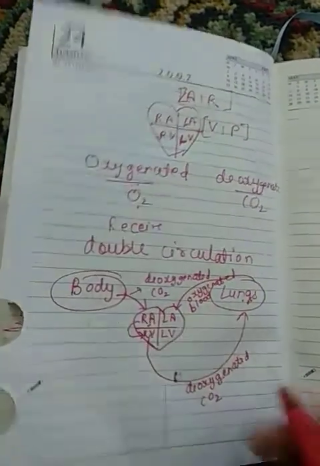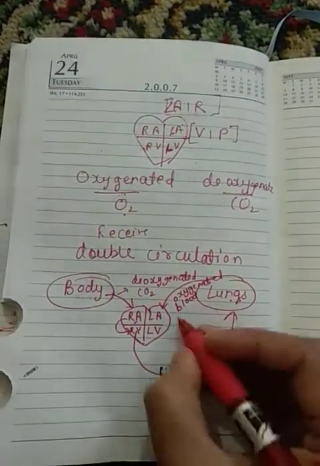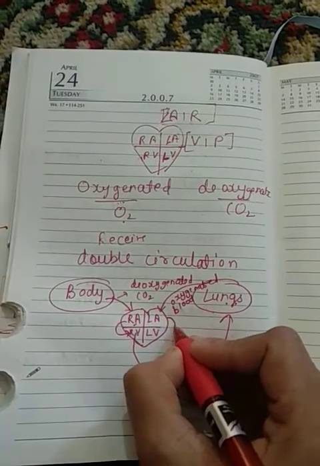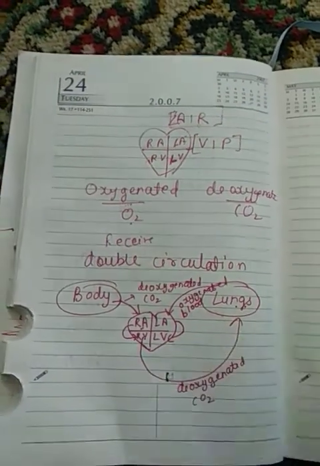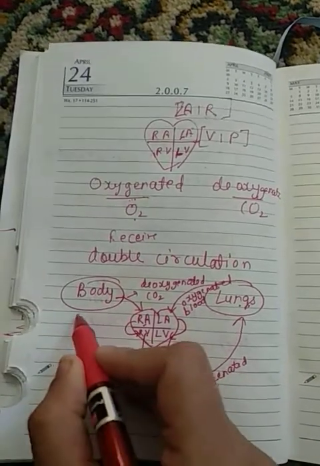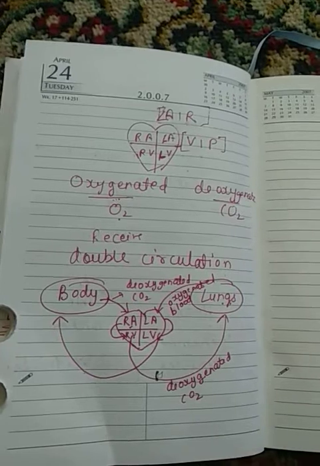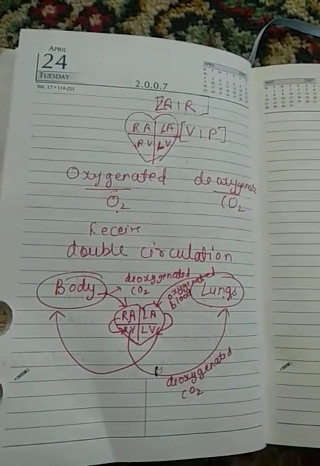And how does oxygen come to our lungs? When we breathe in. Then this goes to the left ventricle, and it is sent to the different parts of the body. So here you see two circulations are happening. One circulation is for oxygenated blood and another is for deoxygenated blood.